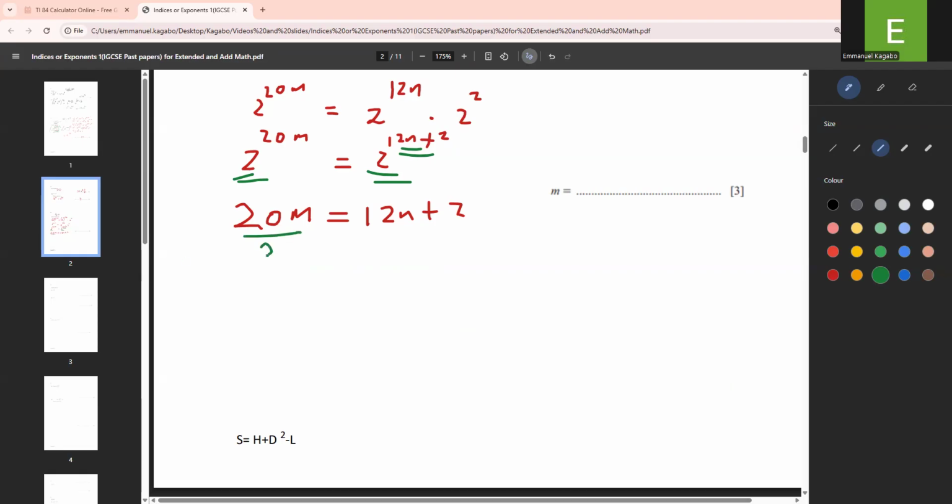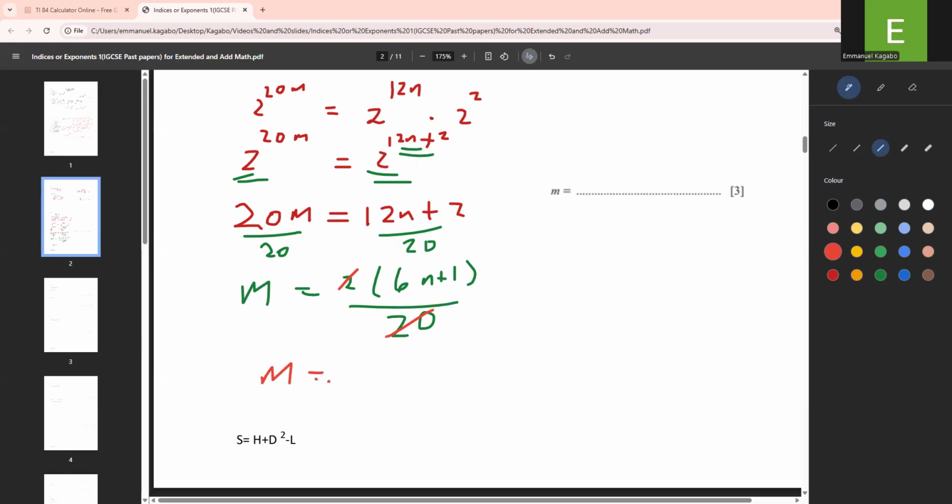So I'll divide by 20 on both sides. Now my m will be equal to, can I factorize 2, guys? Then here I'll get 6n plus 1, all of this over 20, and then divide by 2, simplify.